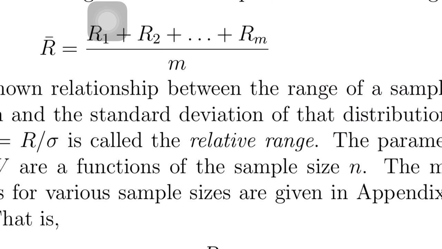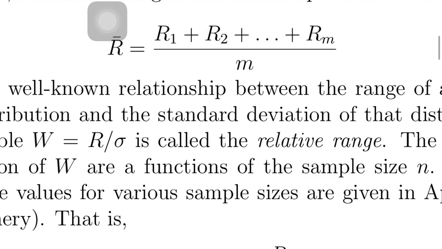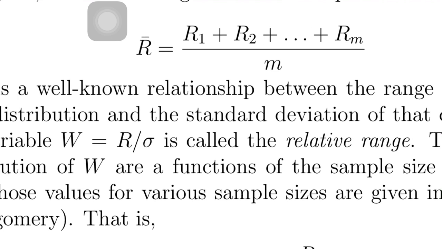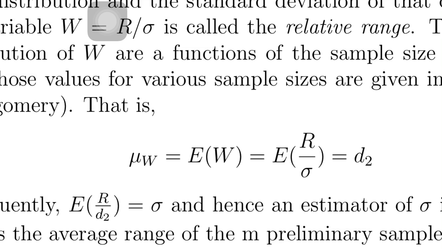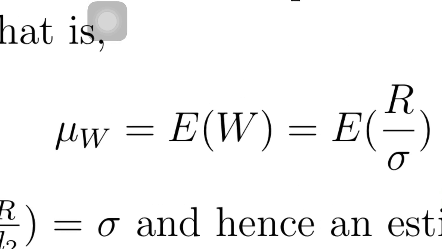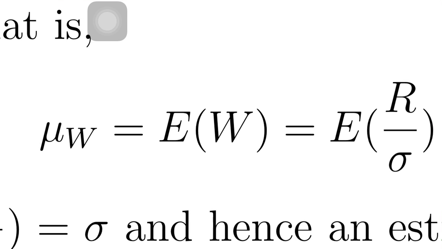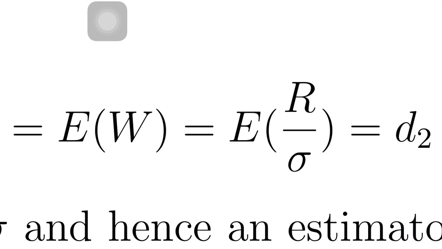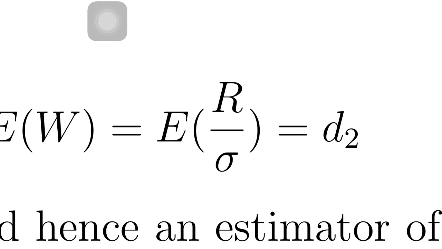It has already been established in sampling theory that the mean of this W, the expectation of W, is a function of the sample size n. That is, mu W, the expectation of W, which is equal to the expectation of R by sigma, we denote as d2. d2 is nothing but a function of the sample size.